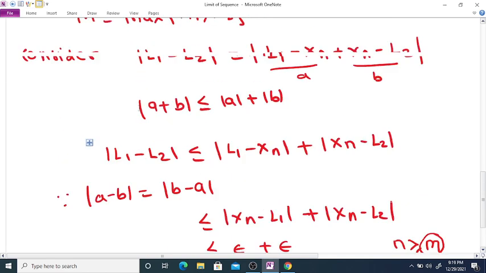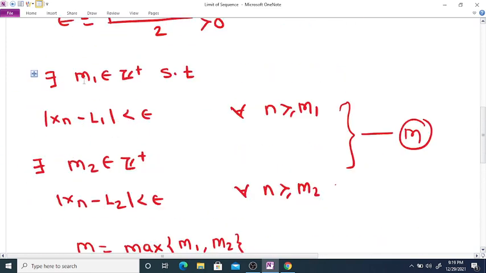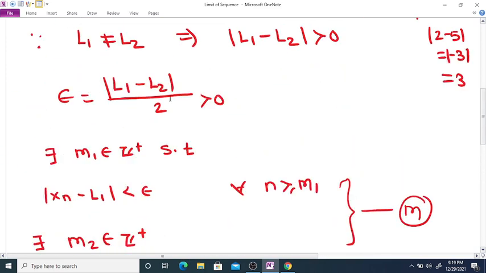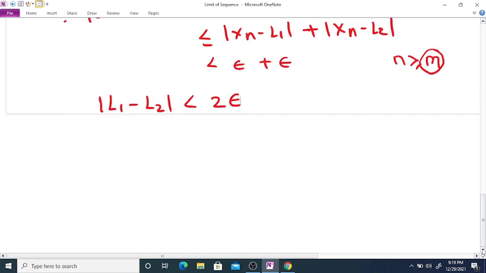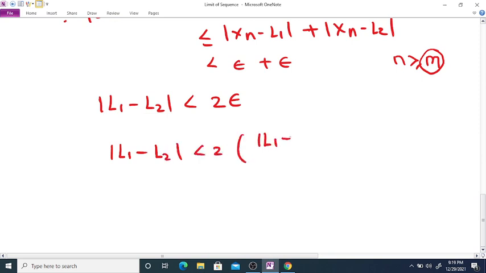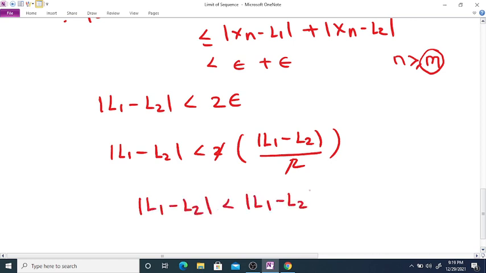The value of epsilon is mod of L1 minus L2 divided by 2. If we put the value of epsilon here, then mod of L1 minus L2 is less than 2 times mod of L1 minus L2 divided by 2. The 2 cancels, and mod of L1 minus L2 is less than mod of L1 minus L2.